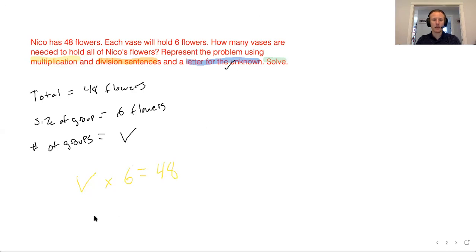My division sentence, I start with my total, 48 divided by 6 equals V. Okay. So I have both of my color-coded number sentences here. Now I need to solve for V, right? And I put my letter for the unknown in there as well. So I'm checking off as I go here. Multiplication, check. Division, check. Letter for the unknown, check.